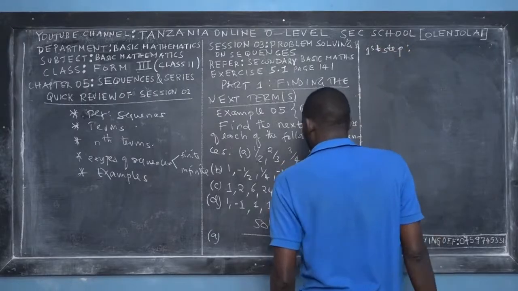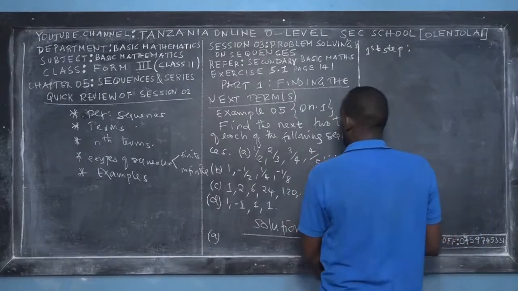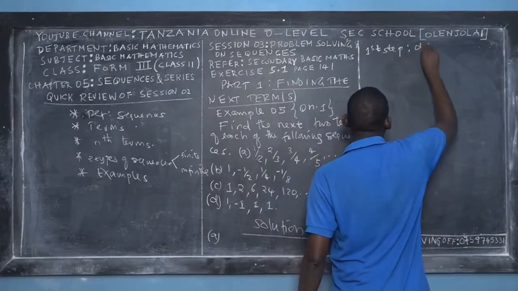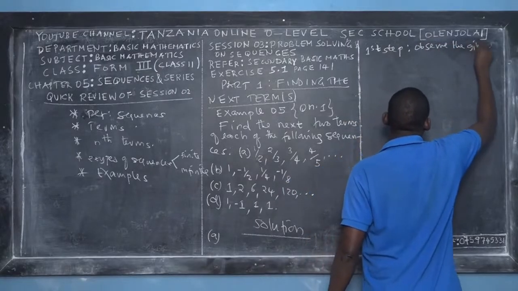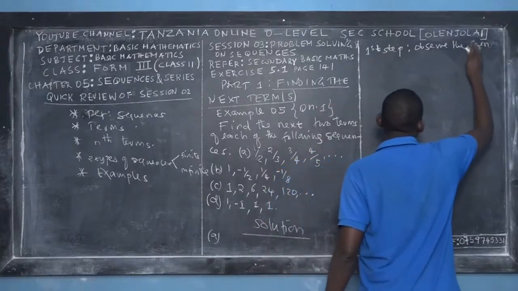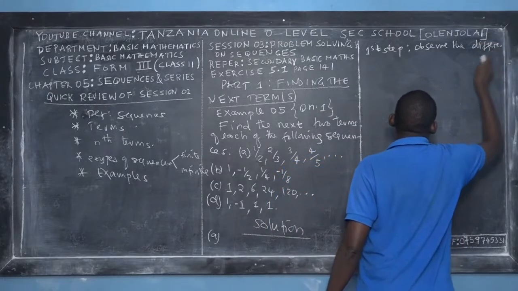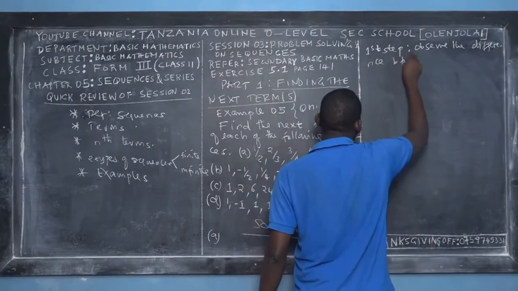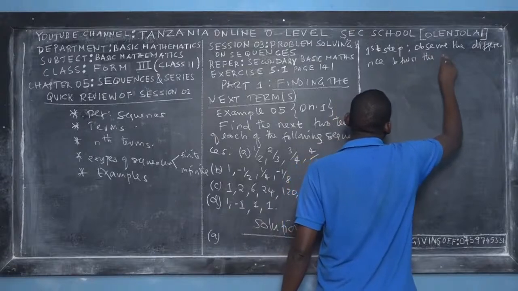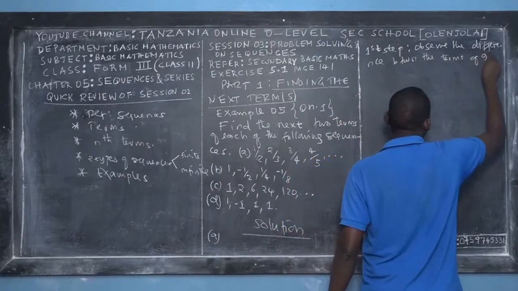The first step: observe the given sequence. Observe the difference between the terms of the given sequence.